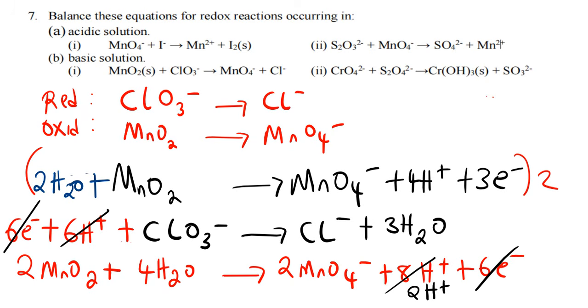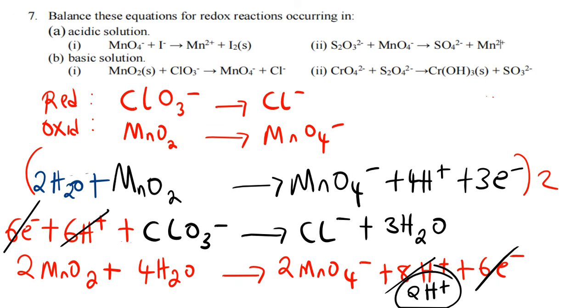Now we have to make sure that we balance. What are we cancelling here? I think now everything is fine. Now we're supposed to convert to basic medium. For you to convert to basic medium, you have to be very confident on how you neutralize this 2H plus.